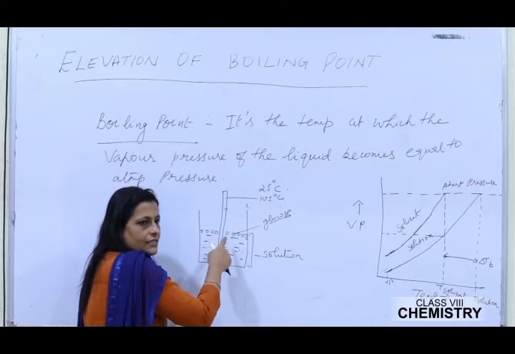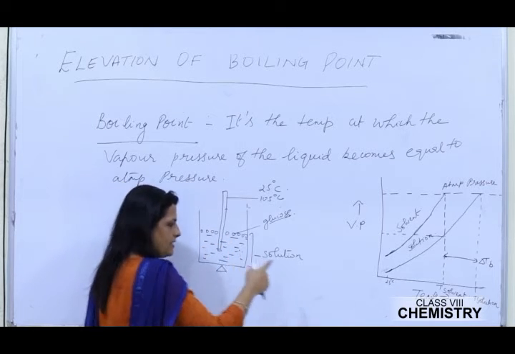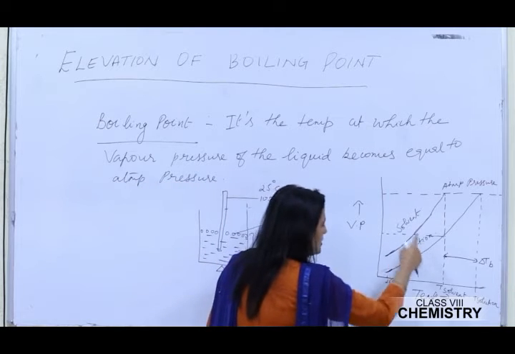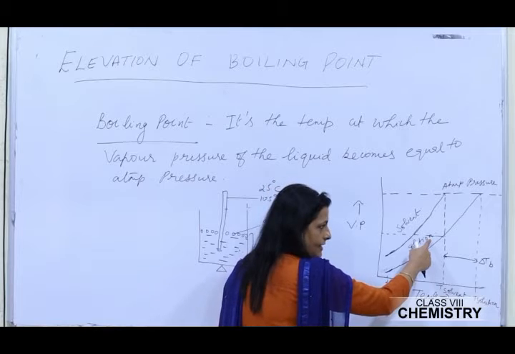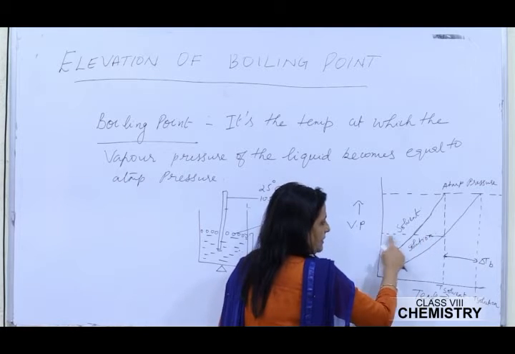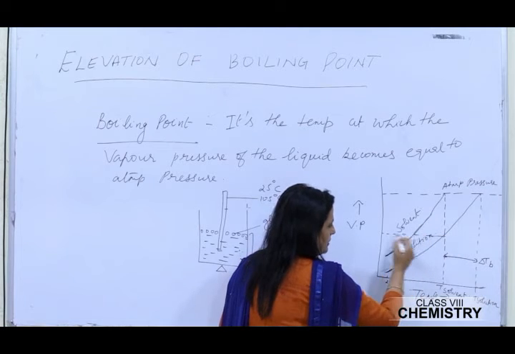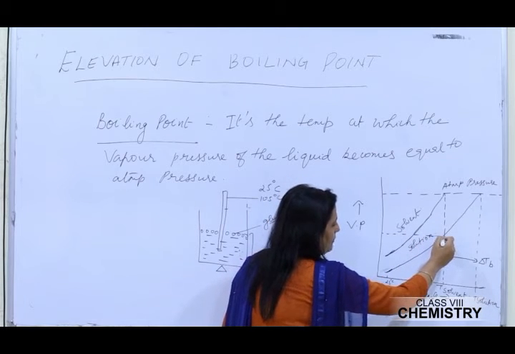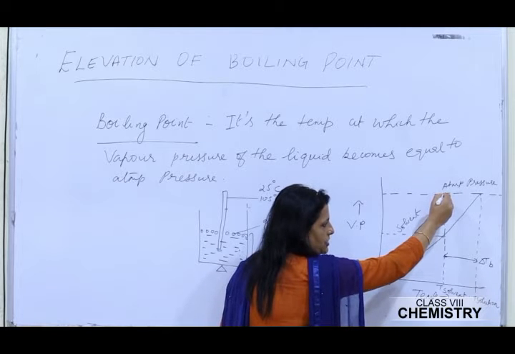Why? Because the surface is occupied by what? Non-volatile solute. So the process is repeated, and you see at all temperatures the vapor pressure of the solution is less. See, at this point, the vapor pressure of the solution is this much, but at this point, the vapor pressure of the solvent has become equal to atmospheric pressure.